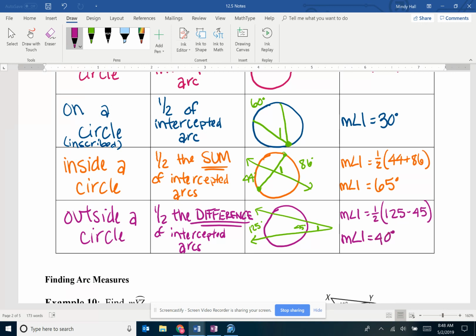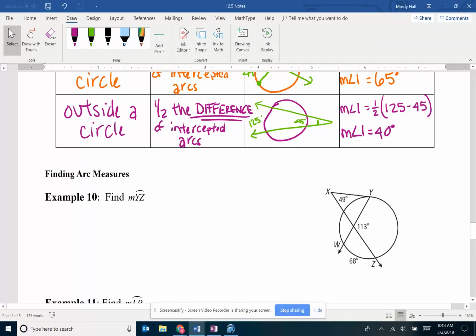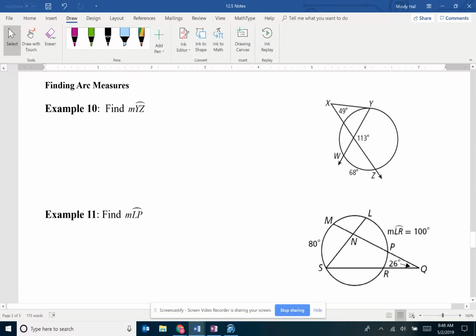Okay, so now you have a table with all of your angle relationships, so that's your cheat sheet. So if we want to find arc measures, this is where you're going to have to put your problem solving hats on, because you're going to have to sometimes take an indirect route to find the measure of the arc. So we want to find arc YZ, which is this one right here. When I look at these, it's just like a puzzle.